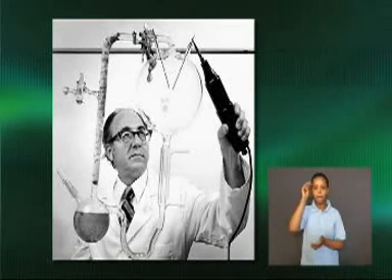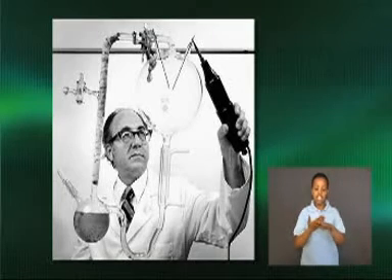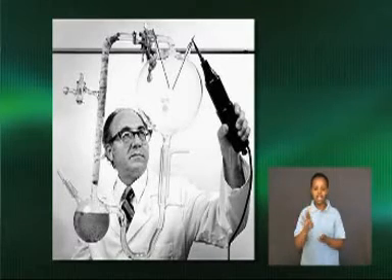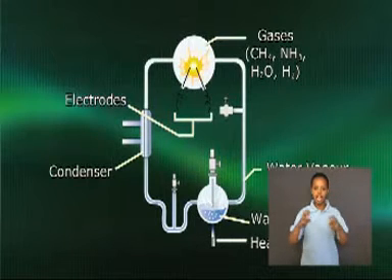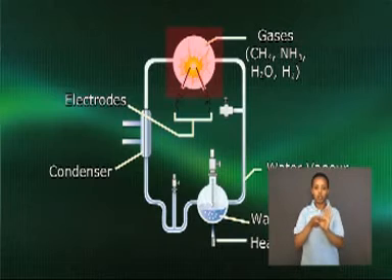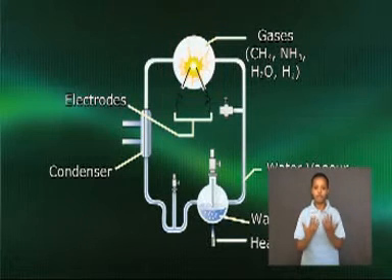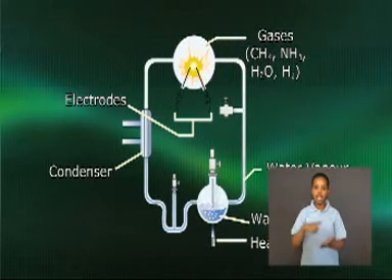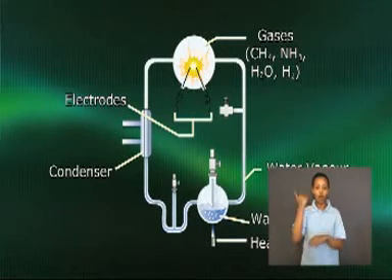Miller's experiment simulated the Earth's early conditions in a closed-off structure. He sent electrical sparks through the structure that contained the gases hydrogen, methane, carbon dioxide, ammonia, and water vapor. These are the gases that were present in the Earth's early atmosphere.